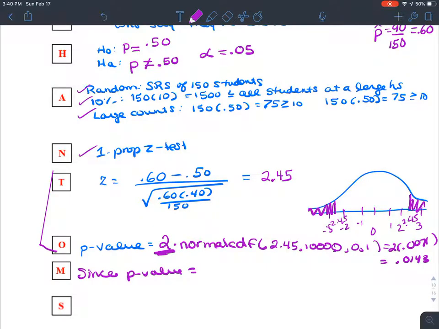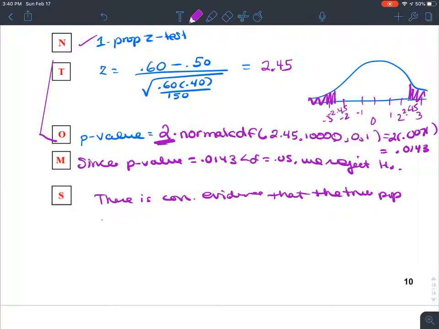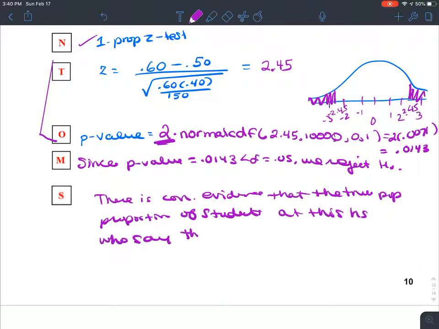You're going to say, since the p-value of 0.0143 is less than the alpha level of 0.05, we're going to reject the null hypothesis, and our conclusion here is going to be there is convincing evidence that the true population proportion of students at this high school who say they have never smoked is different from 0.50.